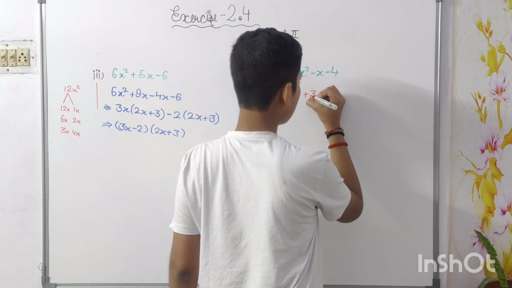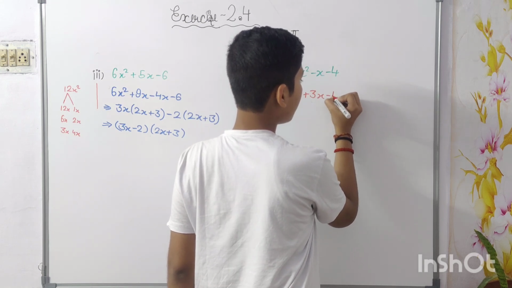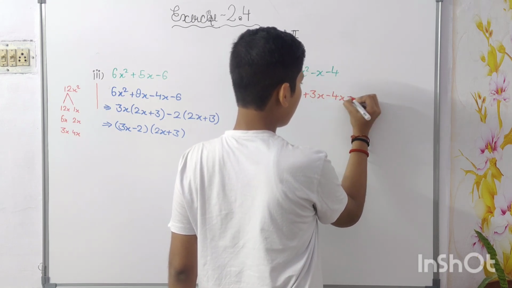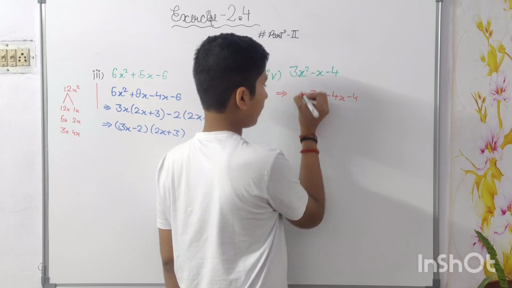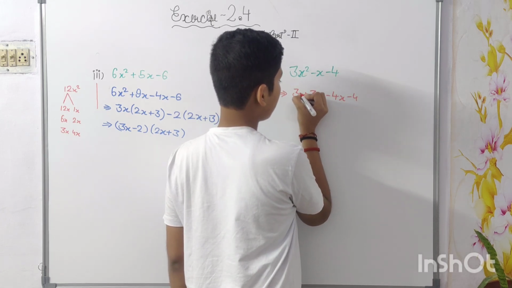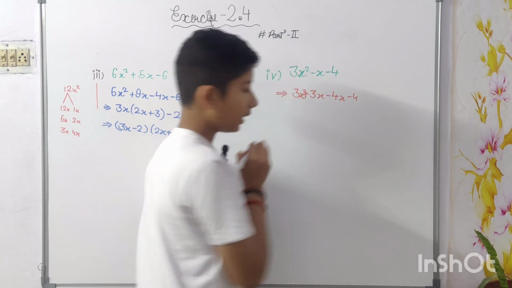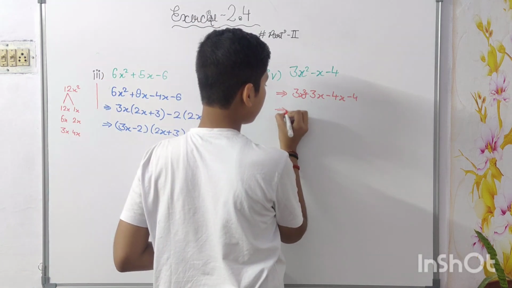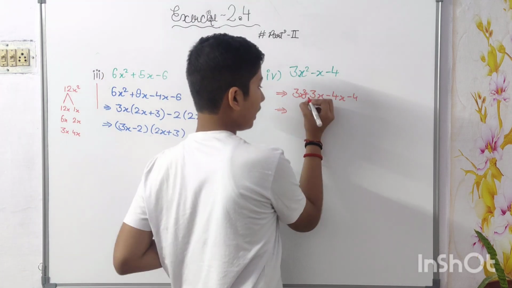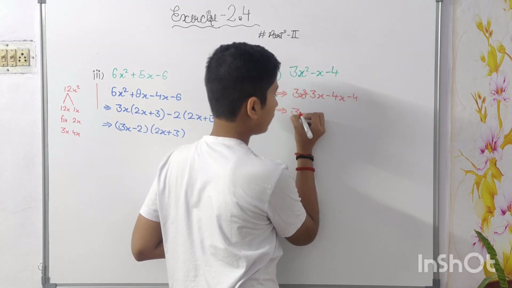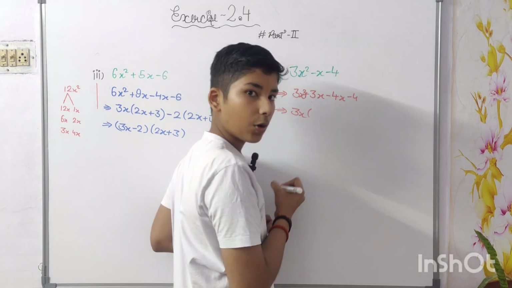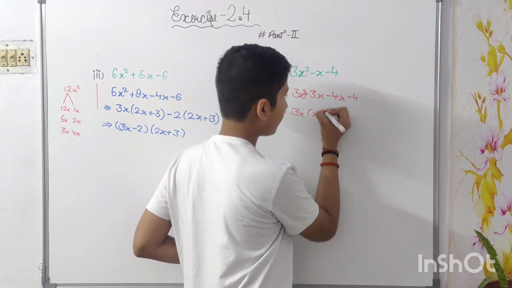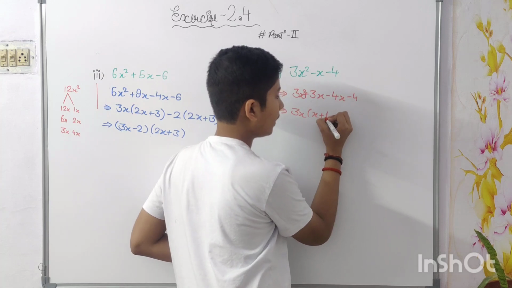Plus 3x minus 4x, minus 4 over here and plus 3x square over here. Okay, now we will solve it. 3 is common and x is also common, so 3x will get common. Now x is left and here 1 is left.